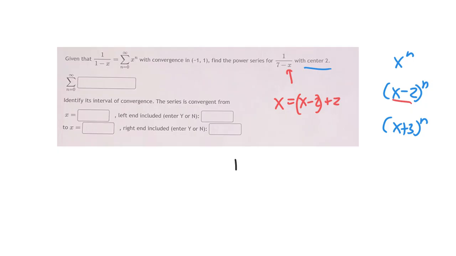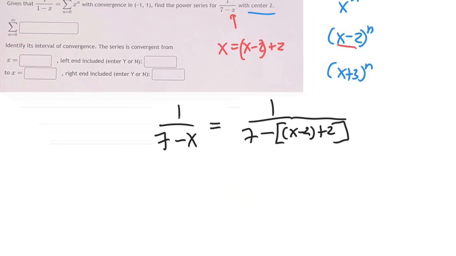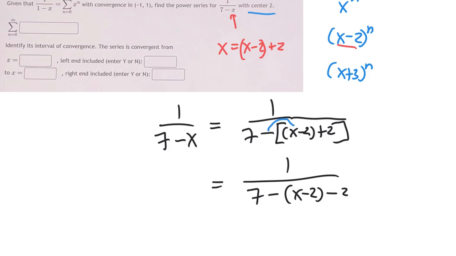What if we said, okay, 1/7 minus x, sure, but that's really equal to 1/7 minus this bracket of x minus 2 plus 2. I feel like that could be good. 7 minus x minus 2 minus 2, right, after distributing. Notice how I'm preserving the x minus 2 in parentheses here.